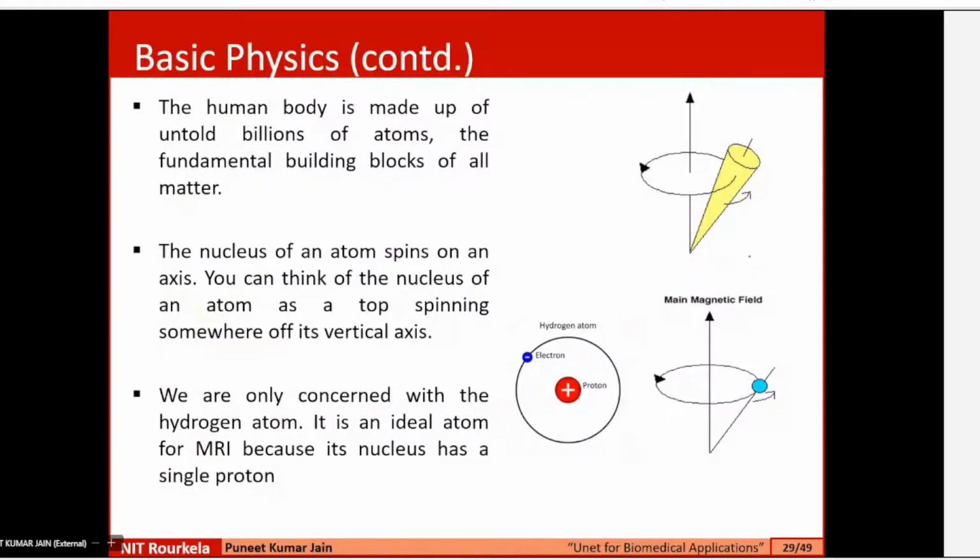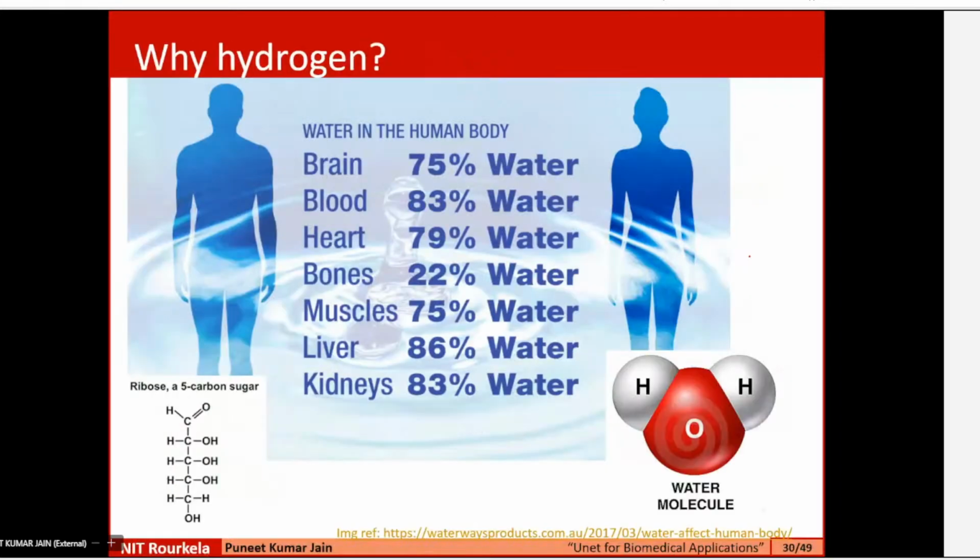Now the point is, in our body, different cells at different organs are composed of different densities of water and other molecules, right? In water, as we know, there are two hydrogen atoms and one oxygen atom. Now, let us talk about the brain, because we want to analyze brain strokes.